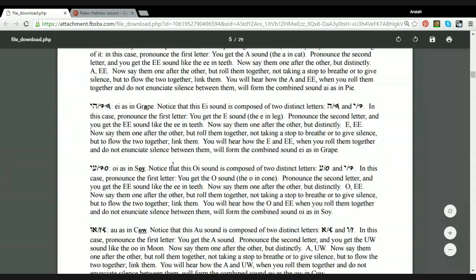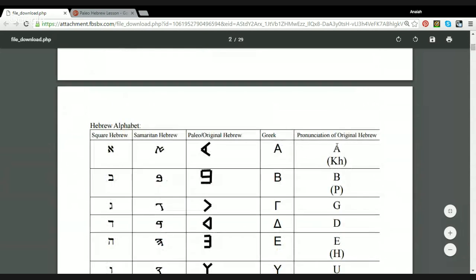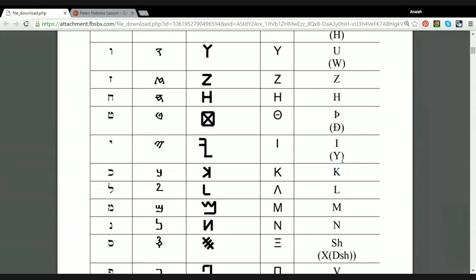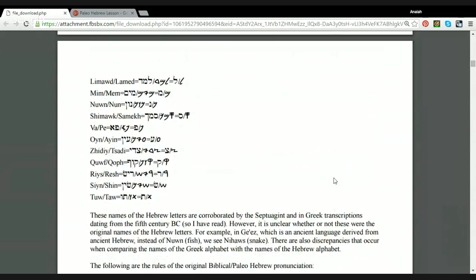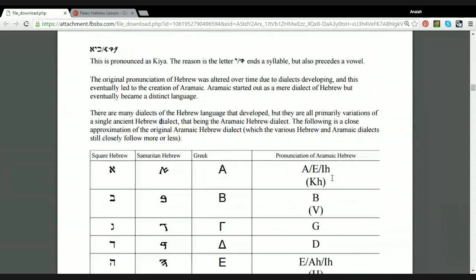So I took the pronunciation values and rules here, and I reversed them, and by reversing them and switching a couple around, I was able to come up with basically what Aramaic sounds like, or the rules that Aramaic follows.